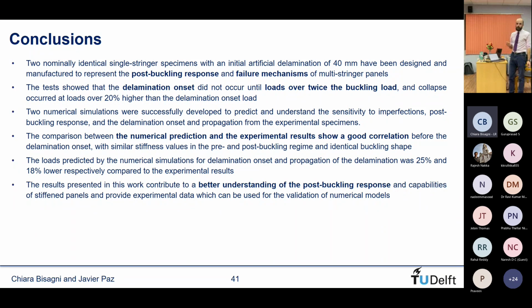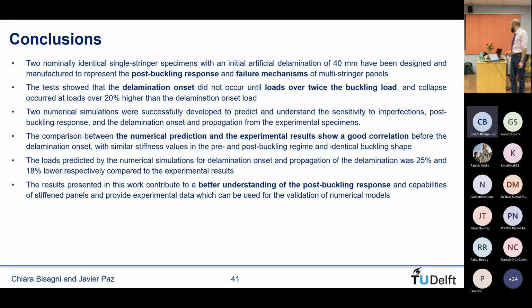We saw, both from the numerical specimens and the experiments, that the post-buckling capabilities of these specimens are enormous, that we were getting buckling always before 10 kilonewtons, while even with the initial delamination, the propagation of that delamination will begin only at 26 kilonewtons. That's over twice that load.